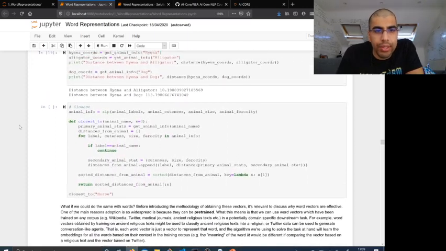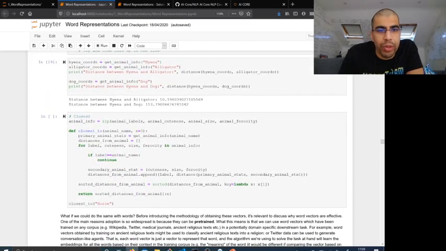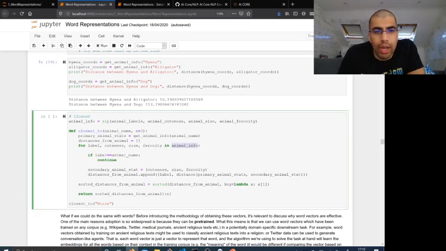To do this, we're going to loop over every animal in our animal list, which is animal info. Animal info is all of the animals along with their cuteness, their size, and their ferocity.